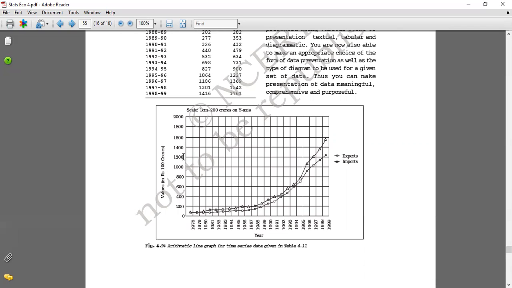The various points so obtained are joined by straight lines to get the time graph. We can make a one-variable graph if only one variable is to be shown; then time is measured along the x-axis and the value of the variable on the y-axis. The various time points are plotted against the corresponding values and joined by a straight line.